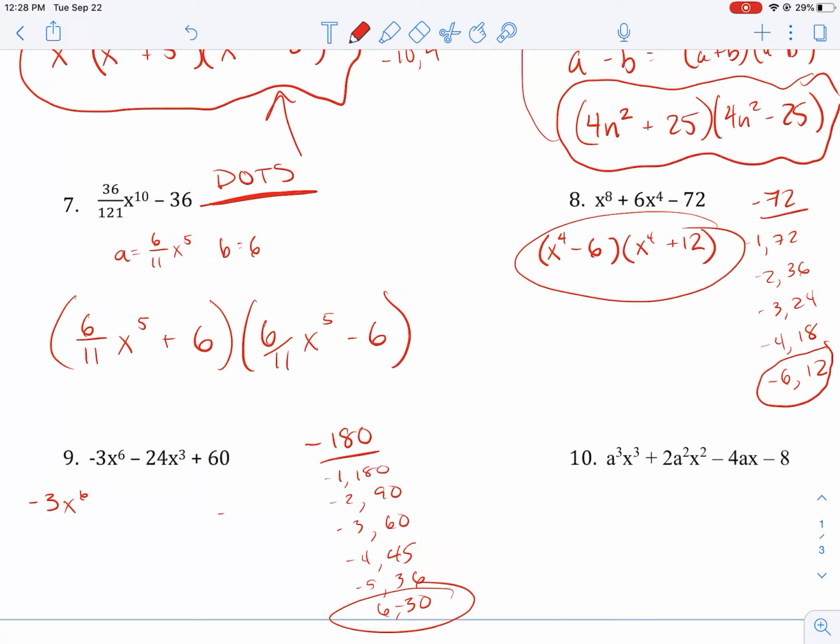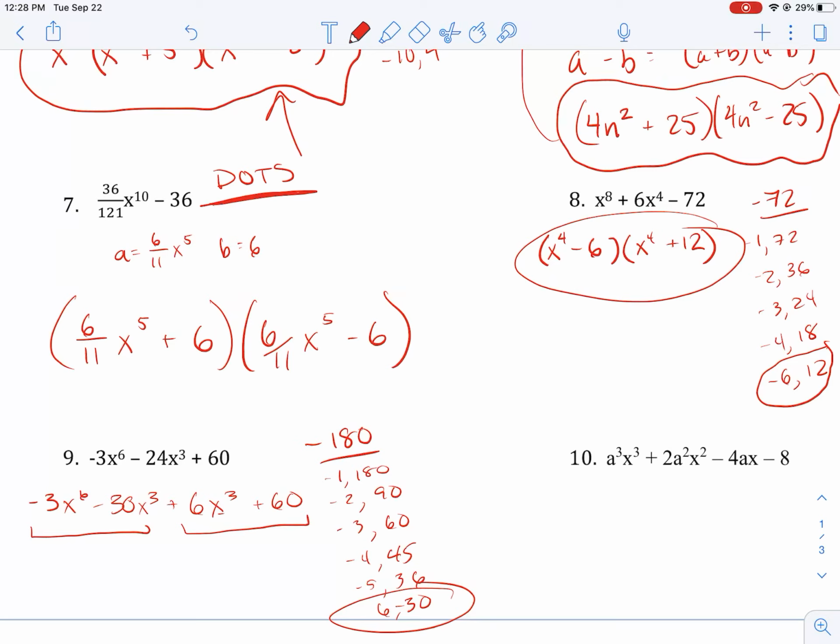All right, because we've got a leading coefficient greater than 1. 3 is greater than 1. So we're going to go minus 30x cubed plus 6x cubed plus 60. All right. So we're going to factor by grouping here.